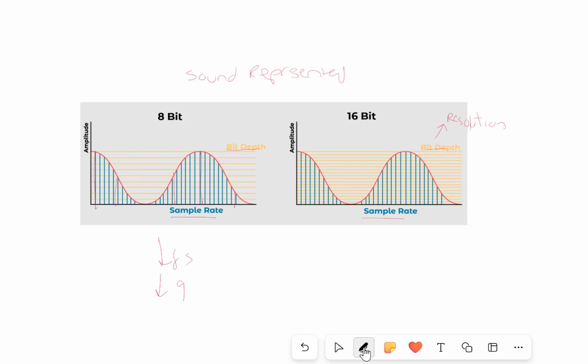The more sample points we have, the higher the sample rate, the more of the sound which is being stored. So the more points we have, the more accurate it is to the original sound. So that's one important detail when it comes to storing sound: the amount of sample points, i.e. the sample rate.